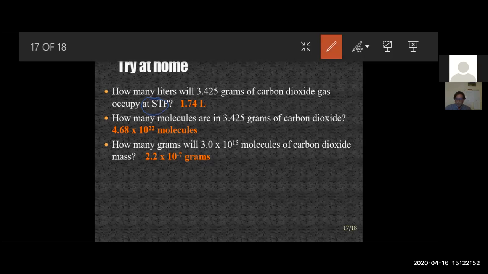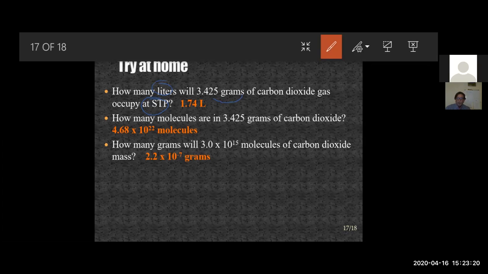And then they're asking you to figure out how many liters. If you are given 3.425 grams, keep in mind that I've got to get to moles, so I have to convert the 3.425 grams of carbon dioxide to moles of carbon dioxide. So I need the molar mass of carbon dioxide.